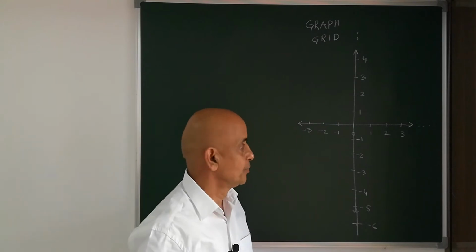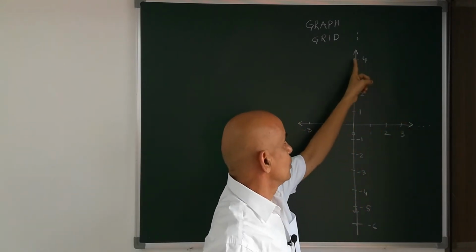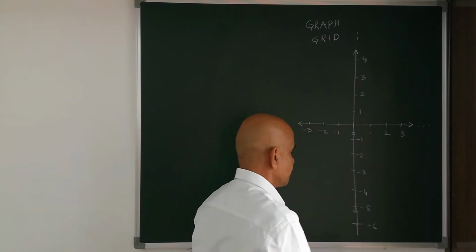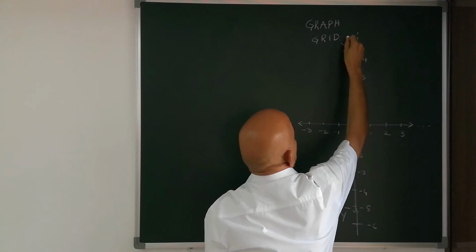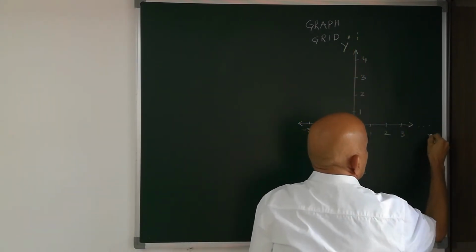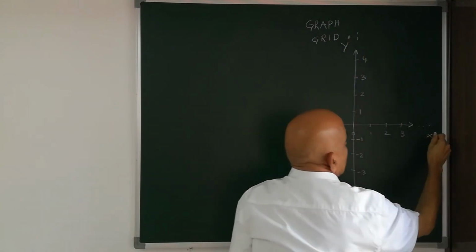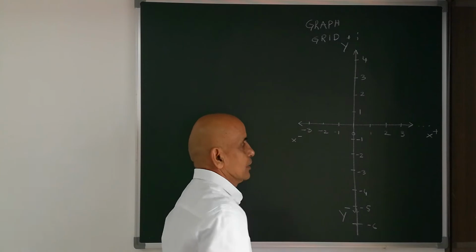Graph grid. Normally we call this the x-axis, this we call the y-axis. This is the negative y-axis, this is the positive y-axis, this is the positive x-axis, this is the negative x-axis.